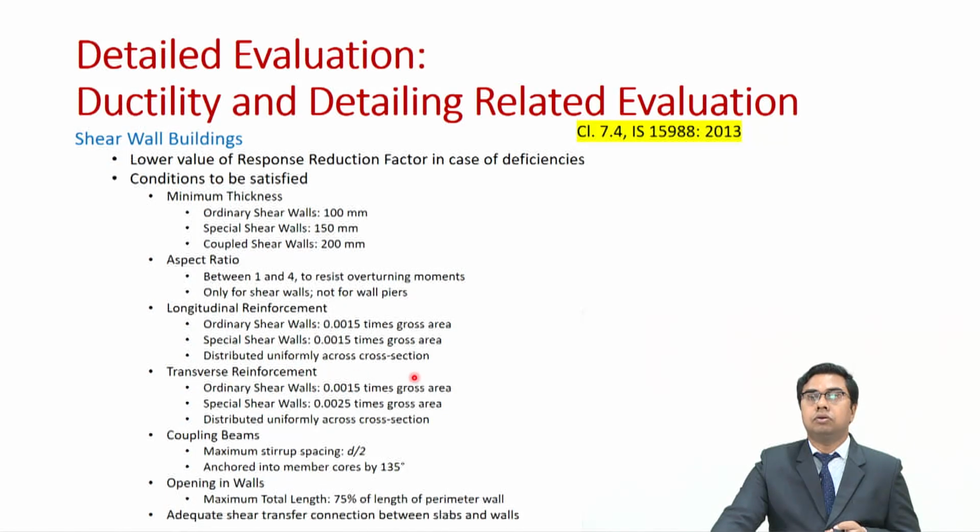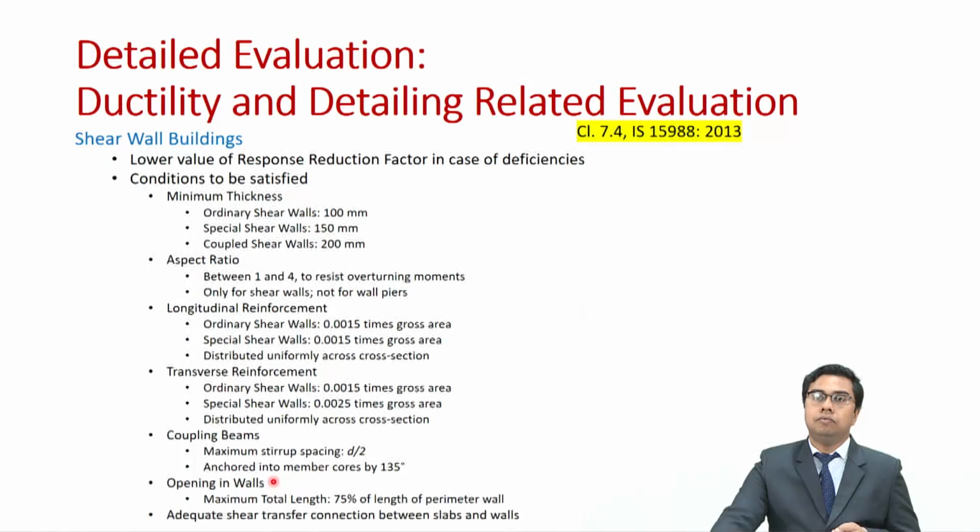Then we also have clauses related to transverse reinforcement, which is again expressed in terms of the gross area of the shear wall. We have specifications for coupling beams, where the maximum strap spacing shall be d by 2 and these straps have to be anchored into member cores by 135° hooks.